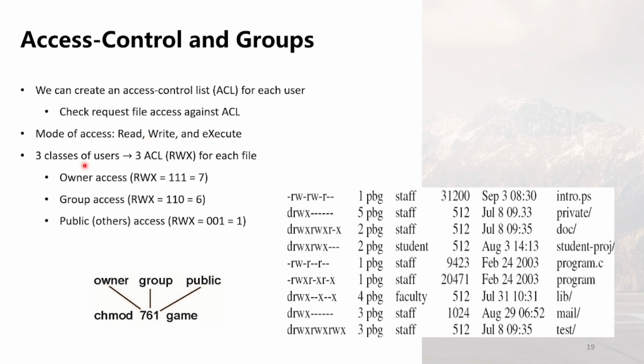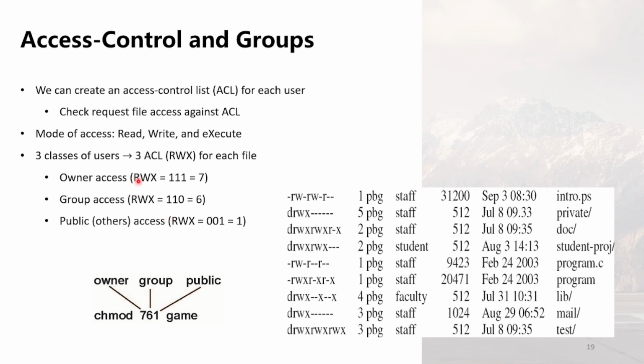Each file is associated with three classes of users: the owner, the group, and others, which we can also refer to as the public. Each class has a set of permissions expressed in the RWX format.